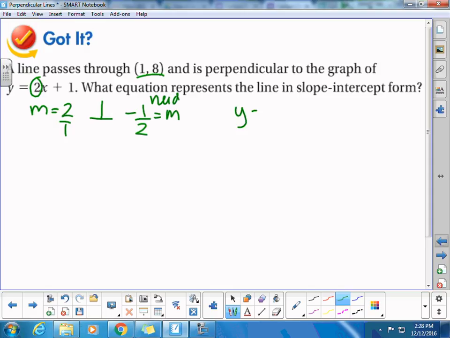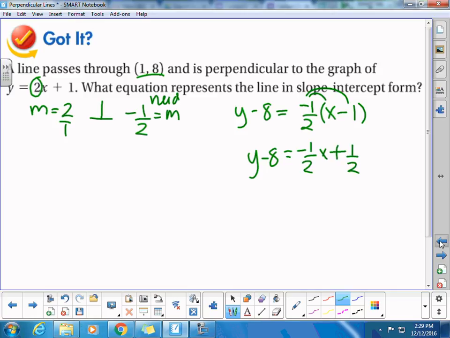So y minus 8 equals negative 1/2, the slope, times x minus the x we're given. Distribute your 1/2. Negative 1/2 times negative 1 is positive 1/2. And we have to add 8.